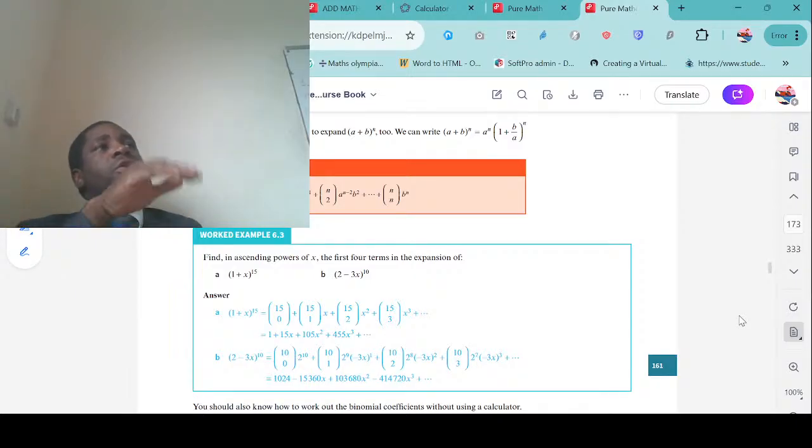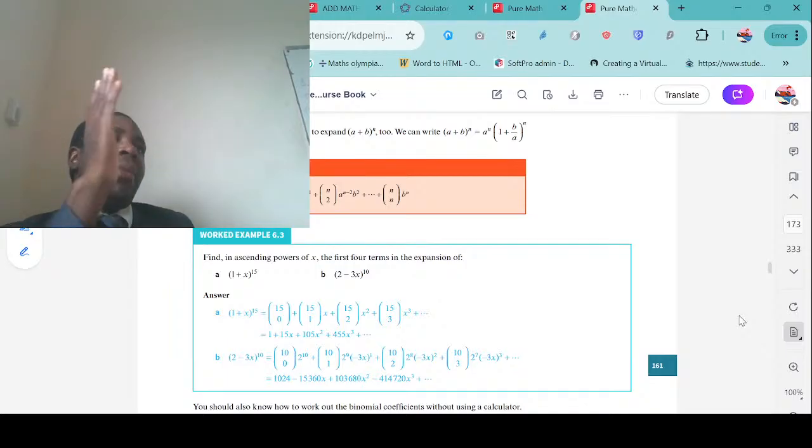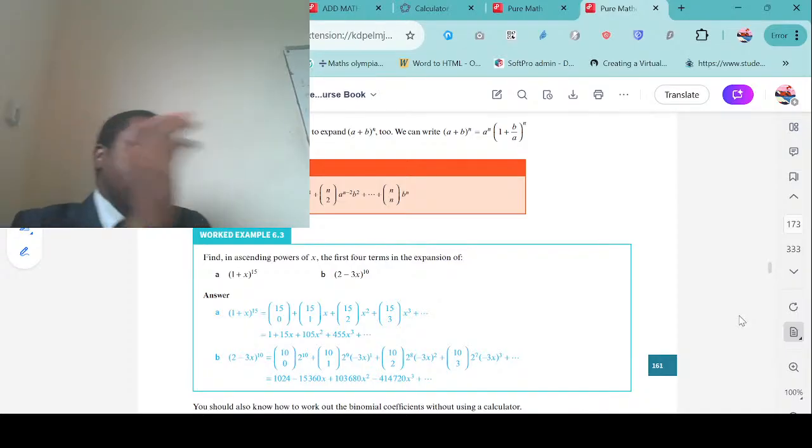So it looks like you're very, very proficient in this. Can you tell me what aspect of pure maths you think you have challenges in? Go through the topics.